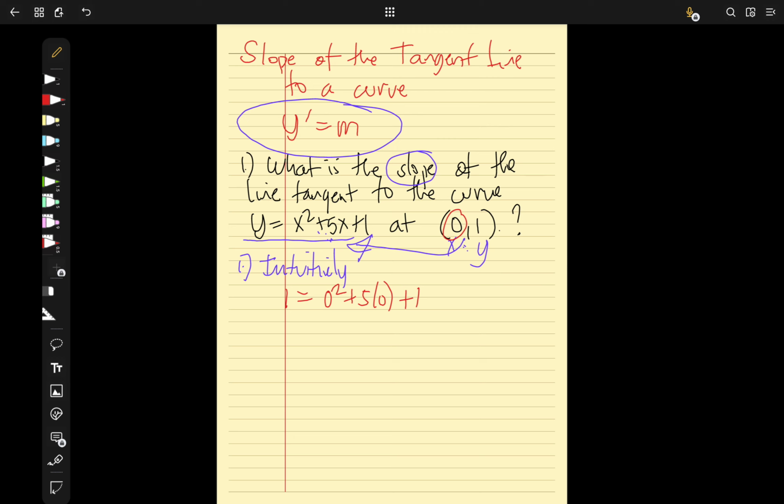So, 1. Let's check: 1 equals 0 plus 0 plus 1. So does it check? 1 is equal to 1.